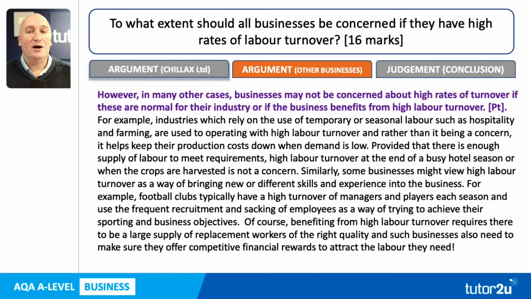Provided that there is enough supply of labour to meet requirements, high labour turnover at the end of a busy hotel season or when the crops are harvested is not a concern.